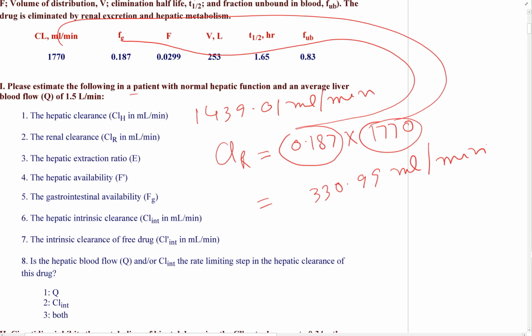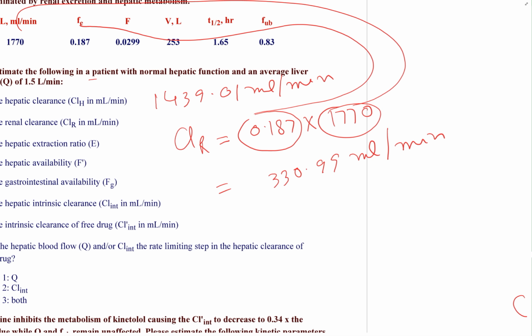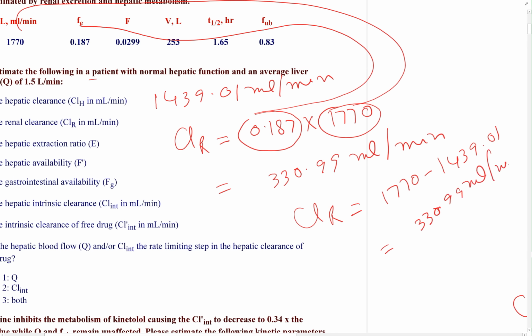Another way, I think one of the students Omid was telling, just subtract. Yes, this is another option. CLR is you subtract your hepatic clearance from the total clearance, which is 1770 minus 1439.01, which is going to be also 330.99 milliliter per minute.